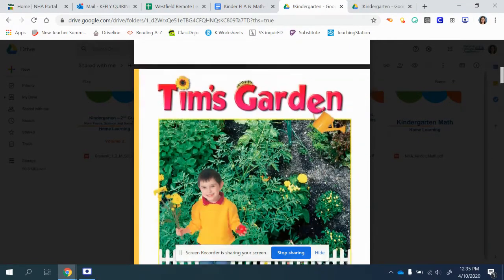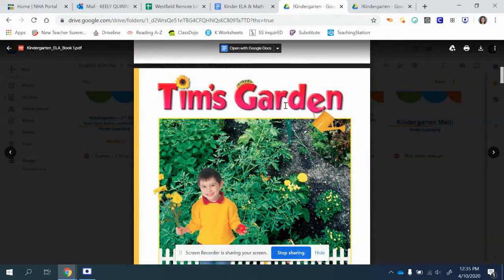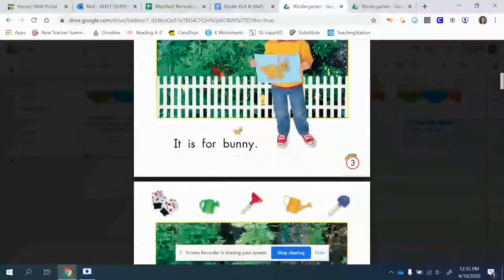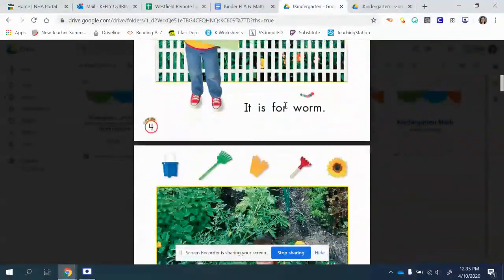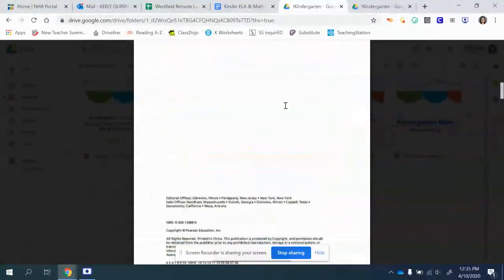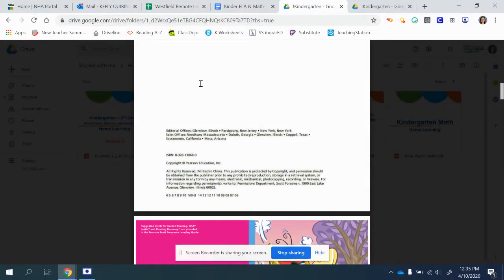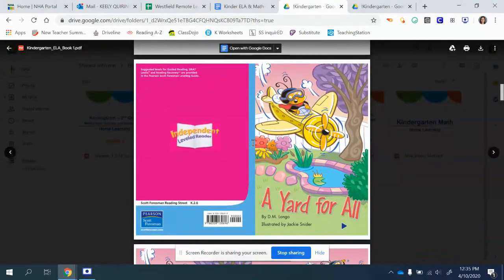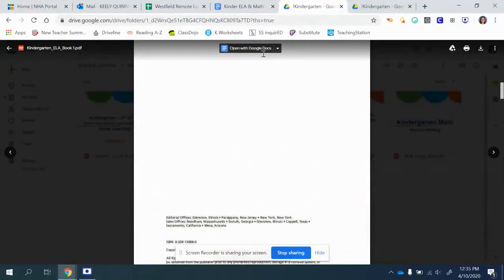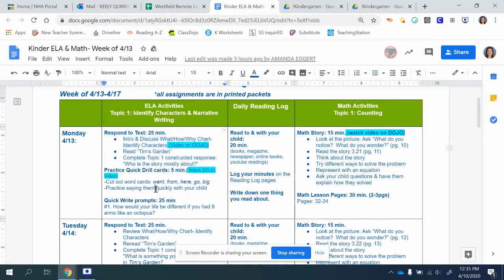So I'll keep going down here and I find Tim's Garden. Perfect. I'm reading Tim's Garden and I'm thinking about the characters. Who is talking in my story about Tim and his garden? And then I get to the end here, and right away, I have another book, A Yard for All. However, when I look back at my guide, it says read Tim's Garden.